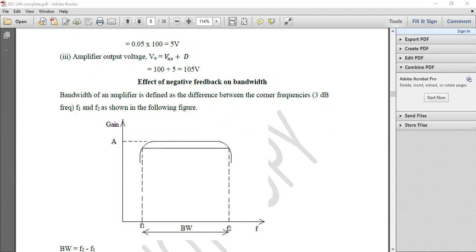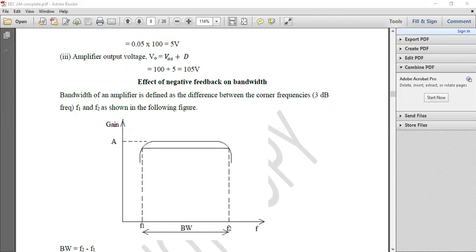We have the graph of gain against frequency. If you look at the screen now, you see the gain A up here. The vertical axis here is gain, and then the independent axis here is frequency F. Now this is the first corner frequency F1, and this is the second corner frequency F2.